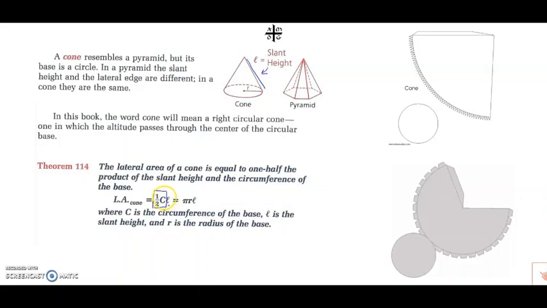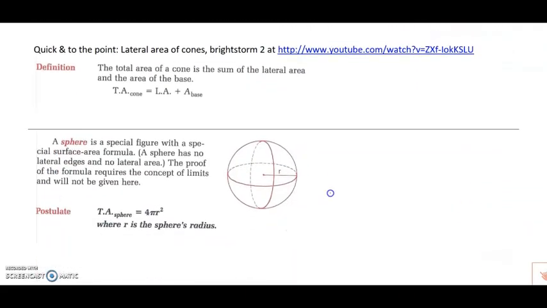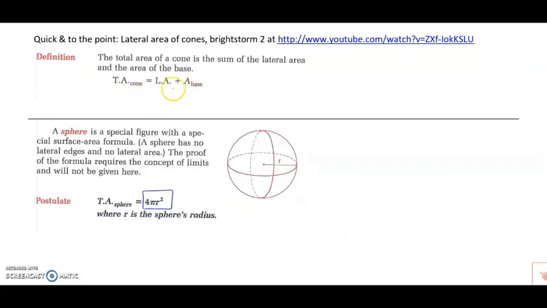Since the circumference is 2 pi r, half of that would just be pi r. So pi r times the slant height will give you the lateral area of a cone. The total area of a cone or pyramid is the lateral area plus the base.